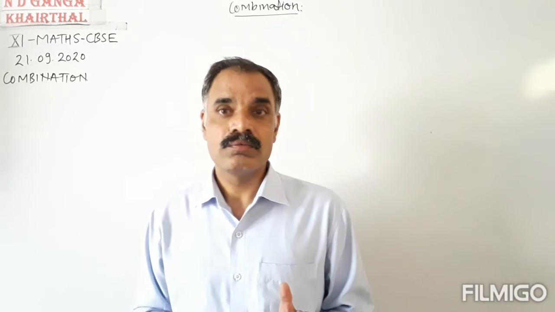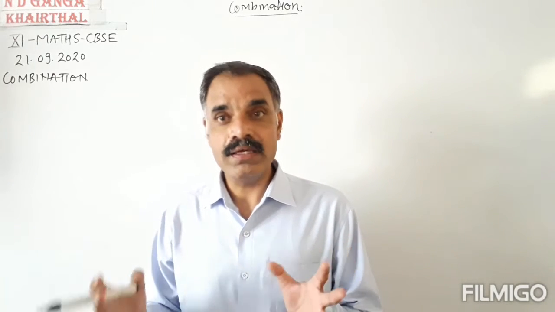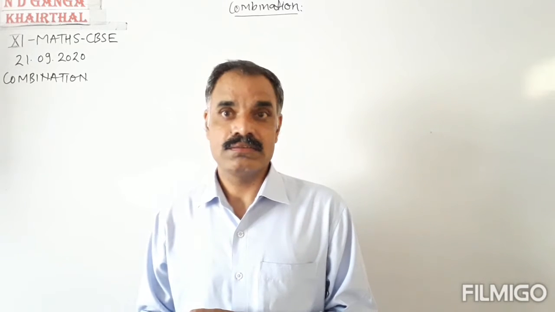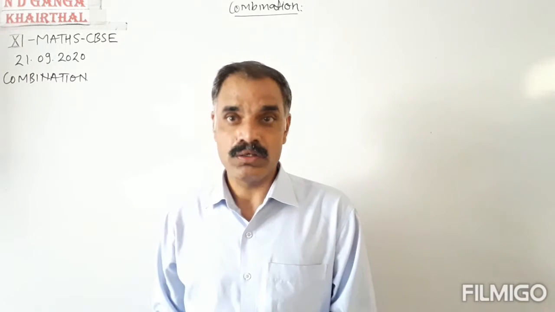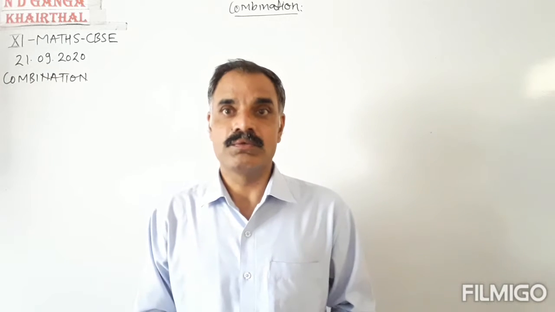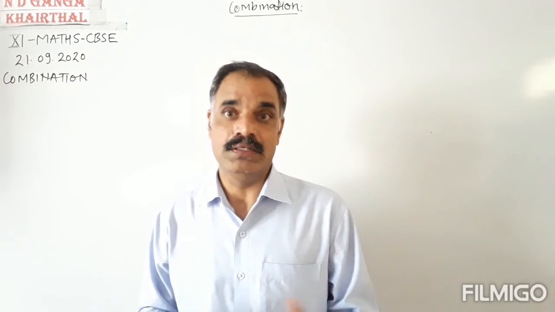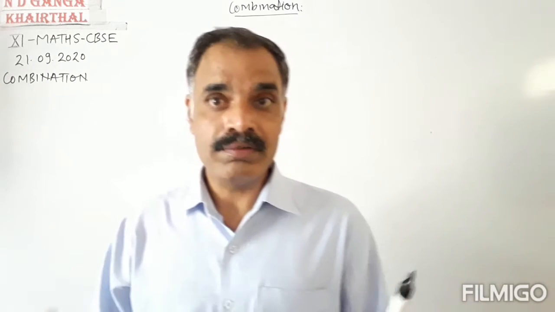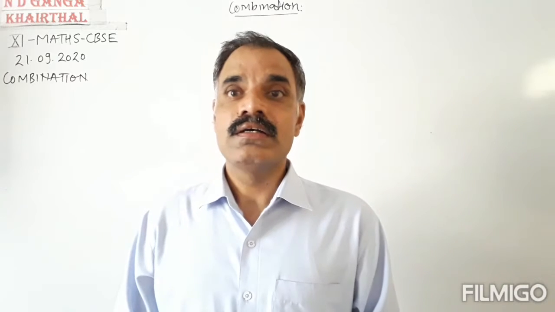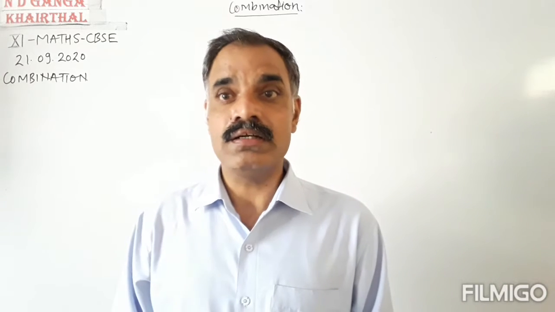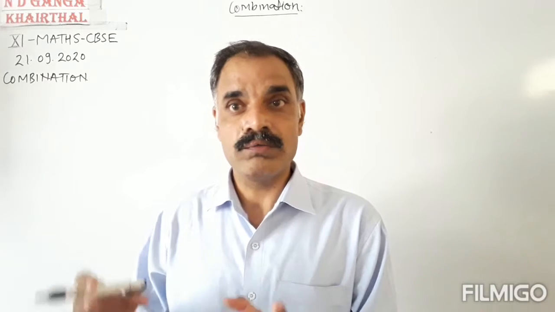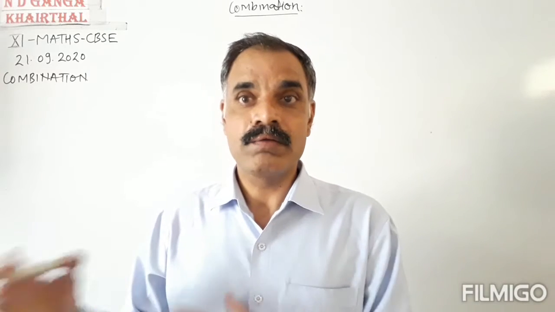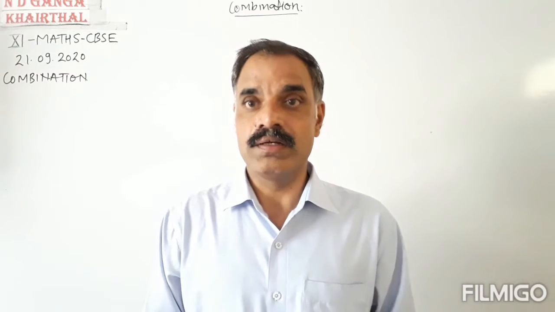And when we arrange these r persons in a definite order, this is called permutation. And for every combination there is a definite number of arrangements. Means there is a permutation behind every combination.